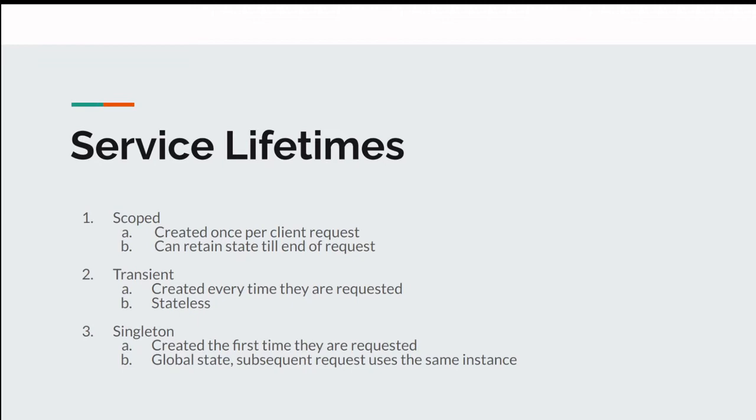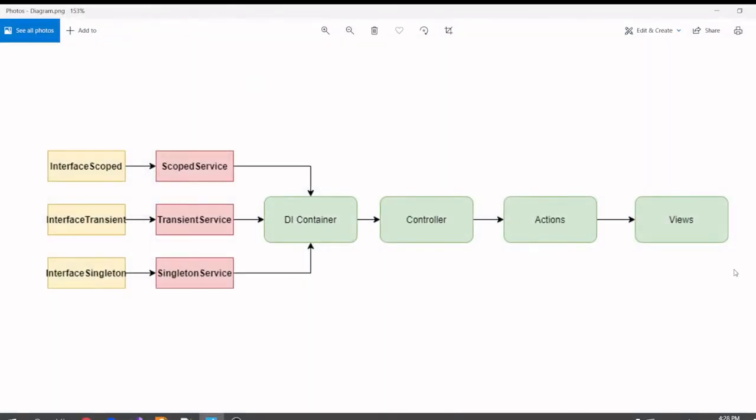So we will work through an actual example and see the differences very clearly, and I think that will clarify things. But before we do that, we need a plan of attack. The way we're going to structure our project is we'll set up three interfaces named after the service lifetimes: scope, transient, and singleton.